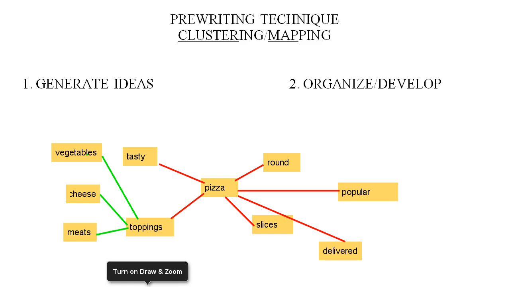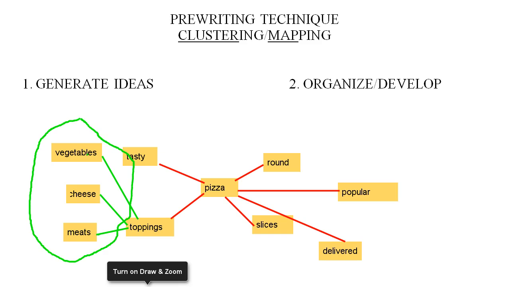The more I do this, the bigger my display gets. As you see, I'm kind of making a map of my ideas. And doing this helps me have more ideas and see how these ideas relate to each other. For example, I'm noticing that there is a group here under toppings that I can think about in terms of nutrition.